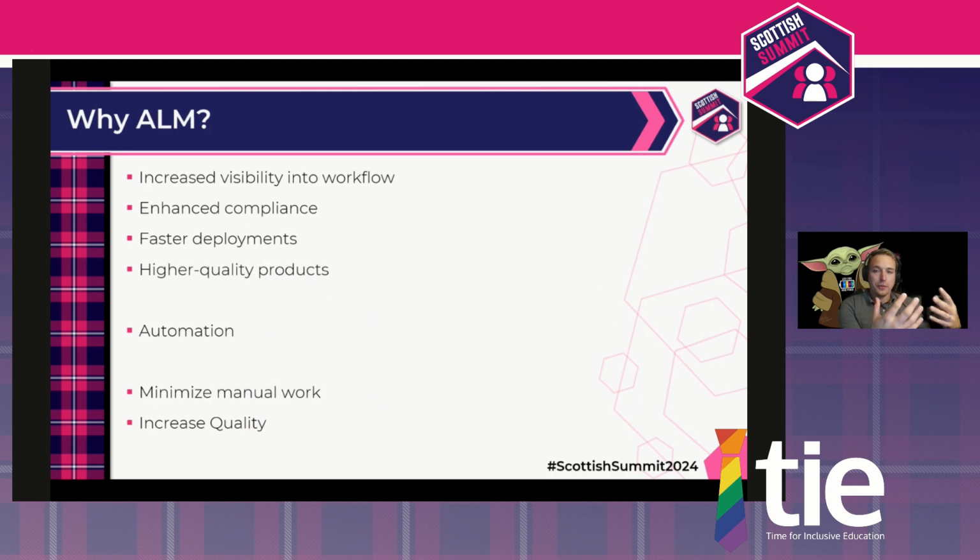But if you have a proper ALM process, and a proper ALM process could also be a manual process, which is okay, but documented and written down. I would always recommend to have an automated process, but even a manual process could be a proper ALM process.